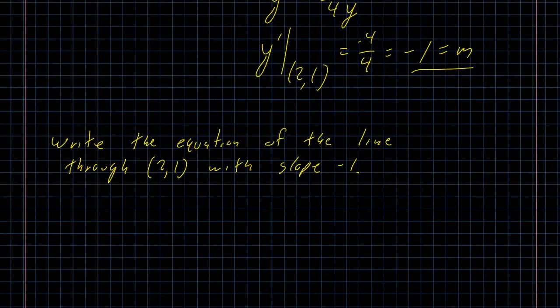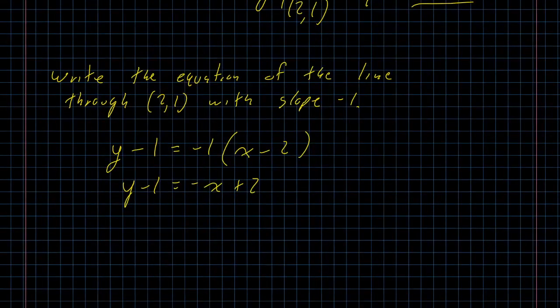And that's a fairly straightforward process. y minus our y value, which is 1, is equal to our slope negative 1 times the quantity x minus our x value, which is 2. So y minus 1 is negative x plus 2, which means that y itself is the opposite of x plus 3.